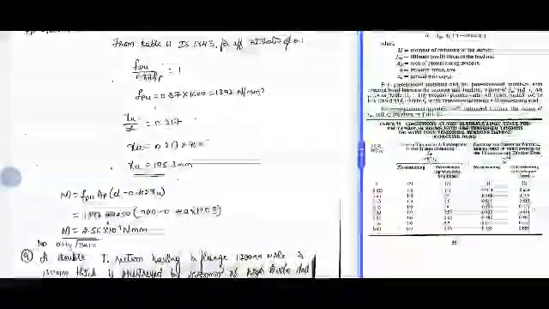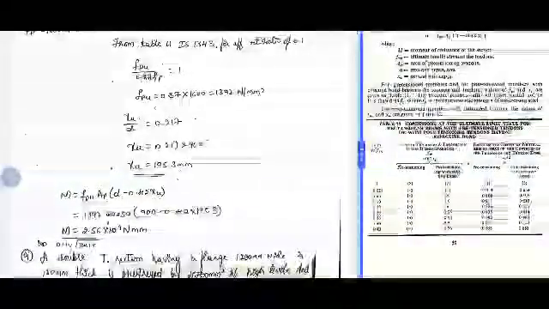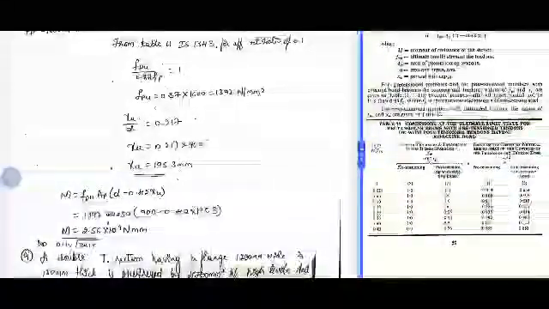That means your neutral axis lies in the flange. So directly go for the moment equation. M equals FPU AP into D minus 0.42 XU. On substituting, we will get 2.56 into 10 power 9 Newton mm.